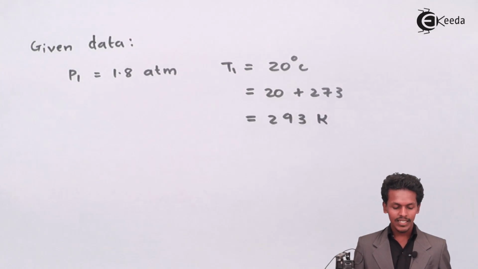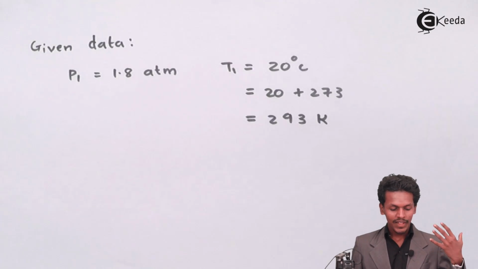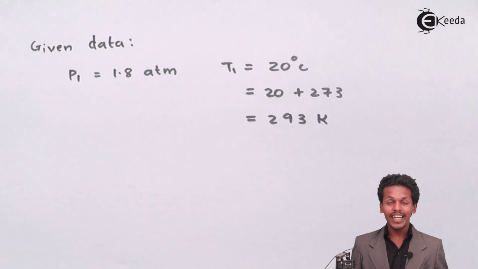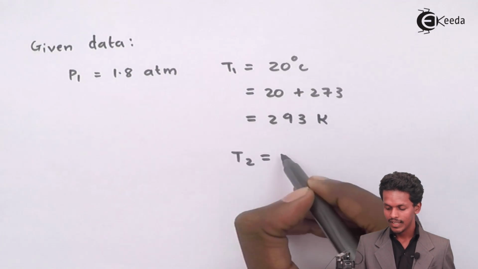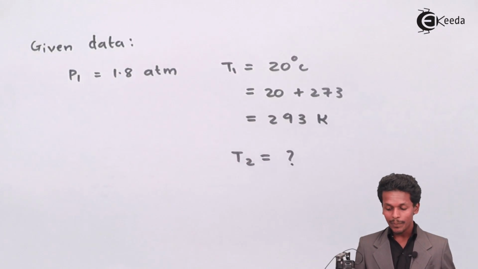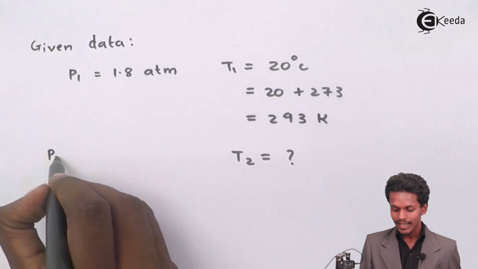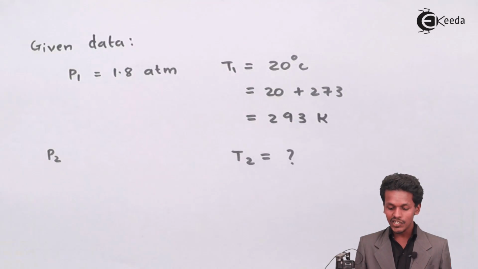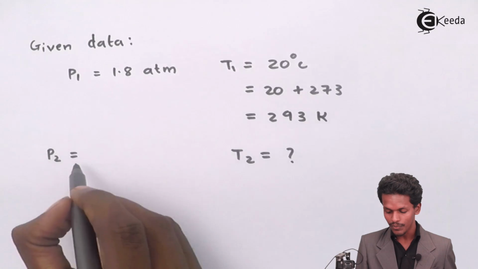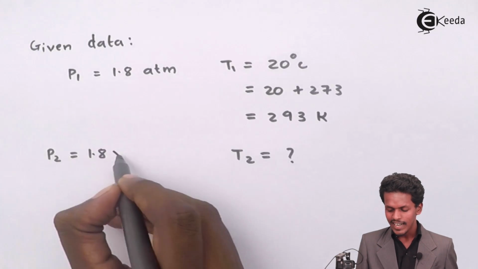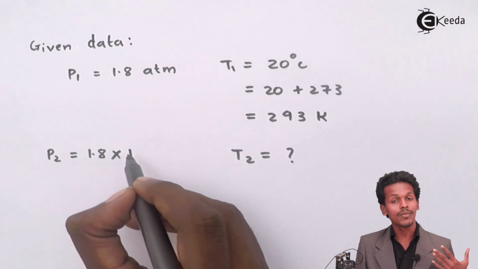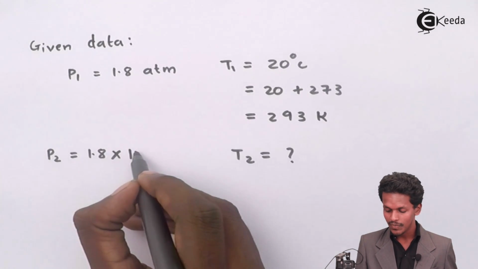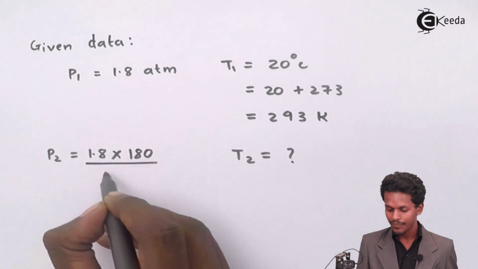Now they have said that the pressure is increased by 80%, and we have to calculate what the temperature would be. Initially the pressure is 1.8, and now it has been increased by 80%. I could write 1.80 multiplied by 180 divided by 100.